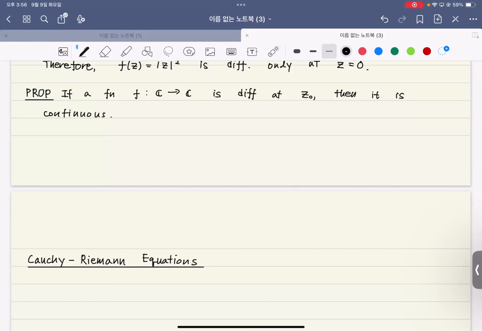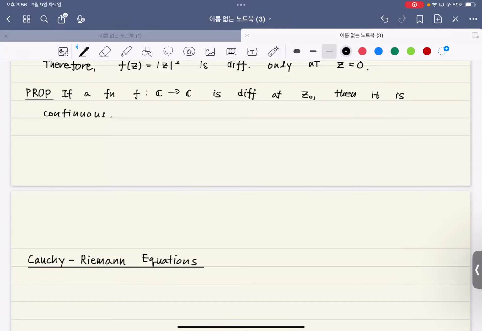In fact, if some function is complex differentiable, then that function must be real differentiable. But you can always find a function, like we did in the previous examples, which is real differentiable but not complex differentiable.